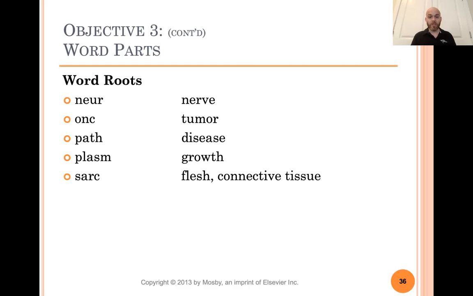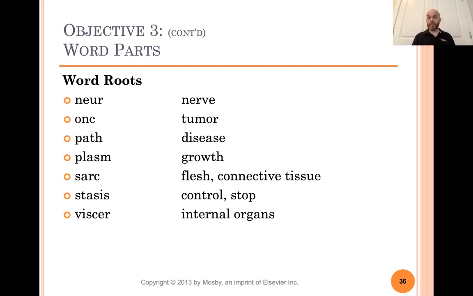Sarc means flesh or connective tissue. Like a sarcomere is a connective tissue in your muscles. Stasis means control, stop, or like I said earlier, it means balance or control, or the state of something. Viscer, think of visceral, internal organs, like your stomach and your GI organs.